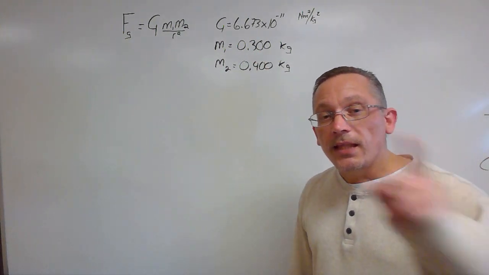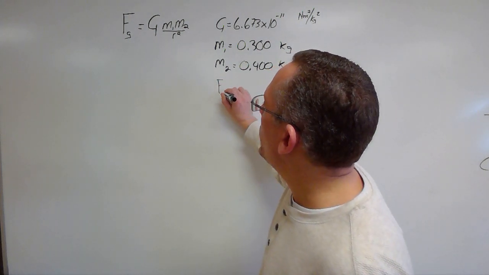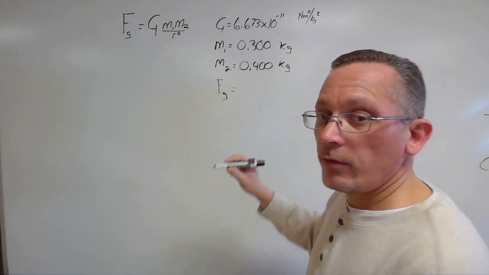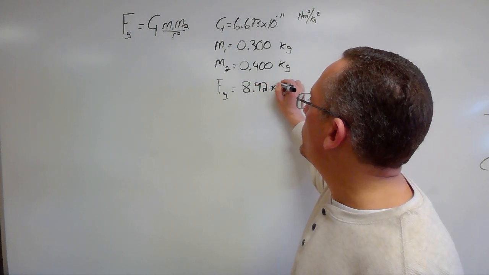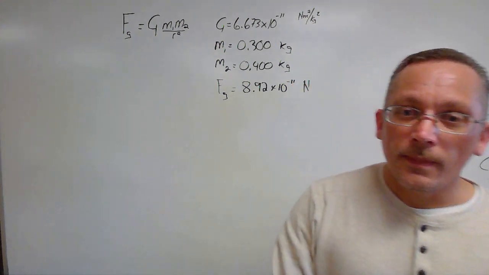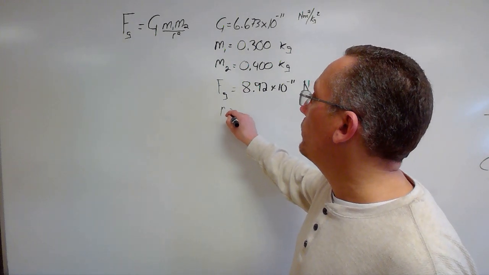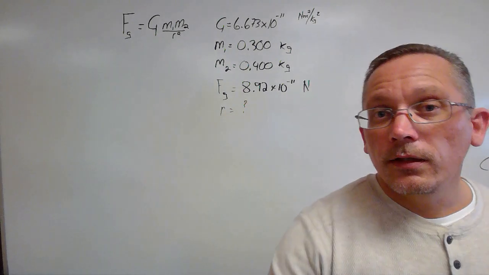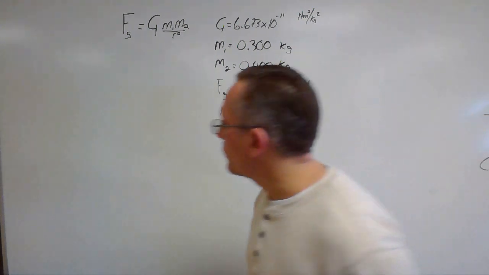Work out the same. And then it tells me that the force of gravity is this tiny amount, 8.92 times 10 to the negative 11th newtons. Okay, and it wants to know what's the distance between them. So it's asking me to find R. Let's go ahead and put the numbers in there and see what this works out to.